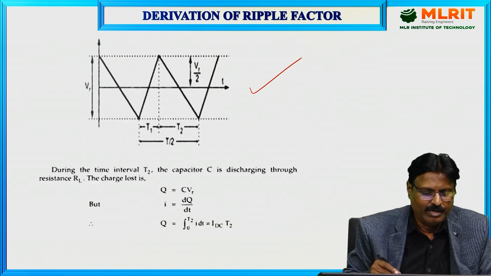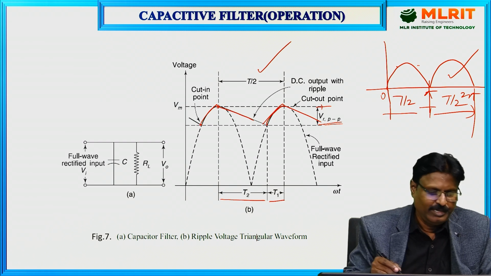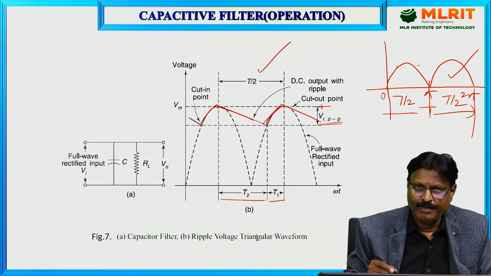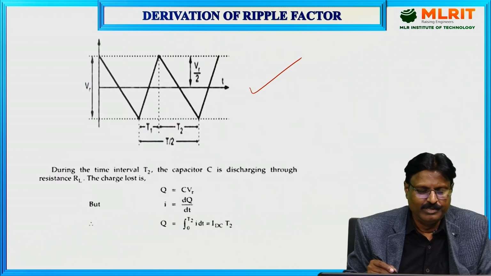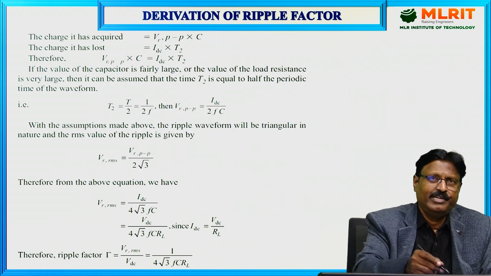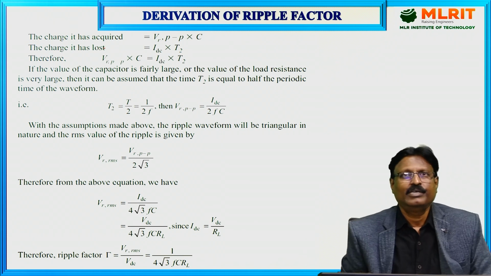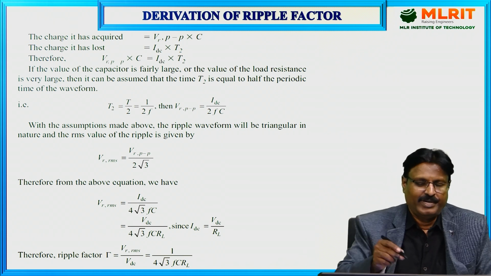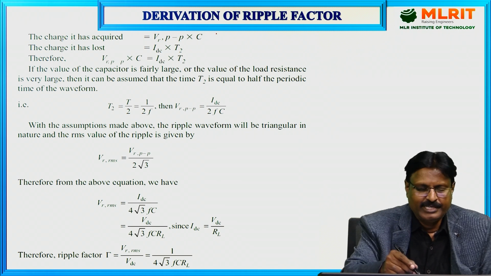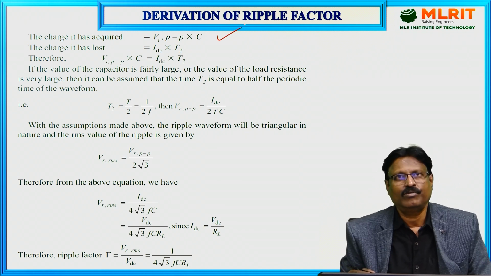The capacitor acquires energy in the charging path, whenever the diode is forward biased, and loses energy in the discharging path, whenever it is reverse biased. That's why the charge it has acquired is Q equal to CV.